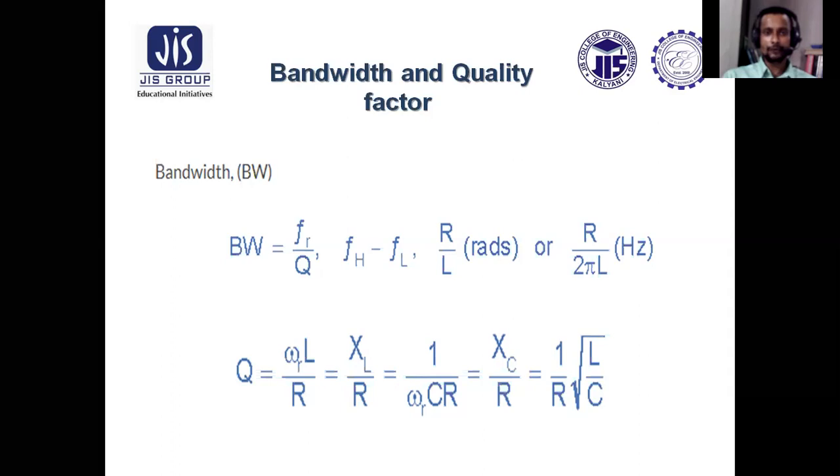What is resonant frequency, and how to derive the equation for resonant frequency? What are half power frequencies, bandwidth and quality factor? All this was discussed in today's class. In the next class, we'll be discussing parallel resonance, and we'll be solving some numericals on series resonance and parallel resonance. So thank you all. Meet you in the next class.